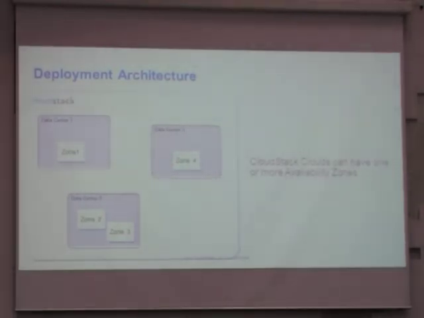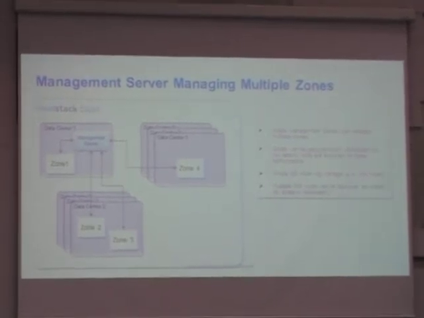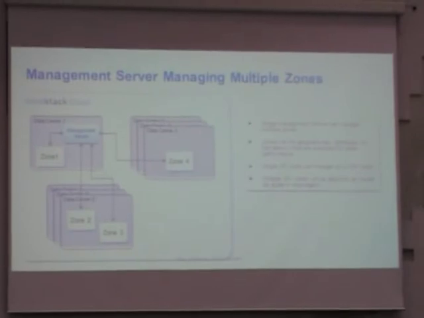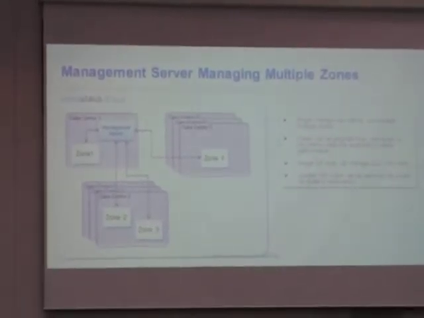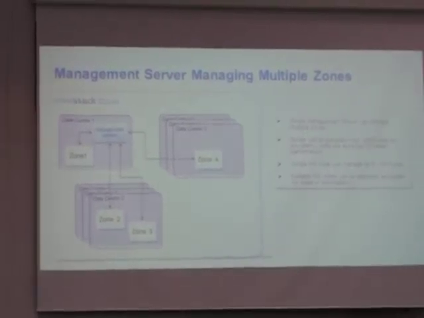In terms of what CloudStack can manage, we can manage one zone, two zones, or multiple zones. And this is what I want to show today. Within a single management server, you can manage zones for multiple data centers. We also support clustering within the management server, so in case of failover, any of the other management servers can take up the work in case one fails.